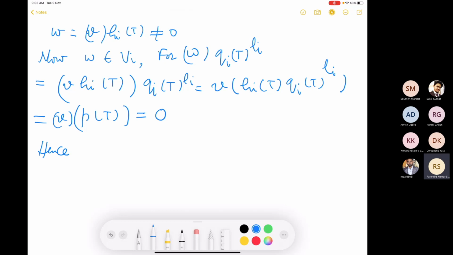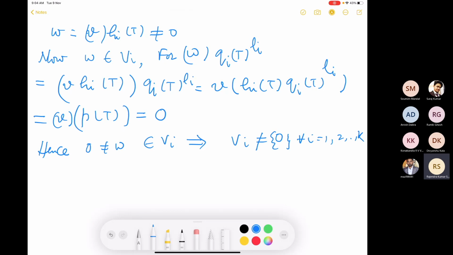And that means there is an element in Vi which is not 0, since w belongs to Vi. This implies that Vi cannot be 0, for any i, 1, 2, up to k. So this is what we have proved.